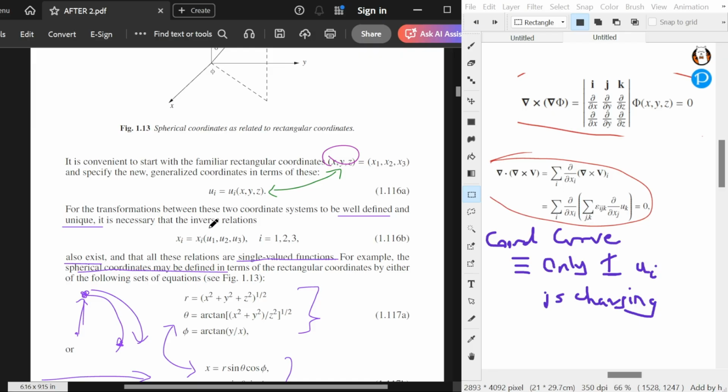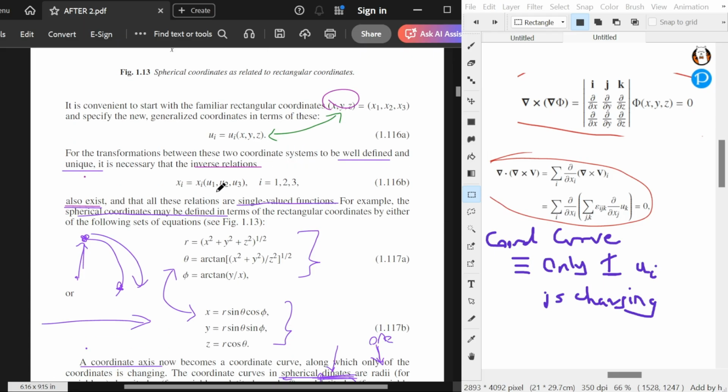It is necessary that the inverse relations exist as well, as opposed to only having one relation from this to this and not the reverse. And all these relations are single valued functions. For example, if we define in terms of rectangular coordinates.